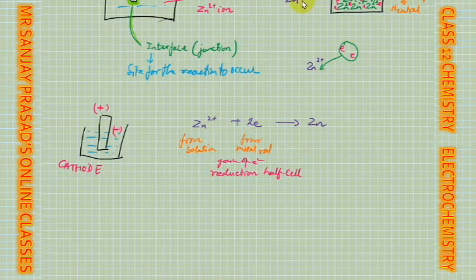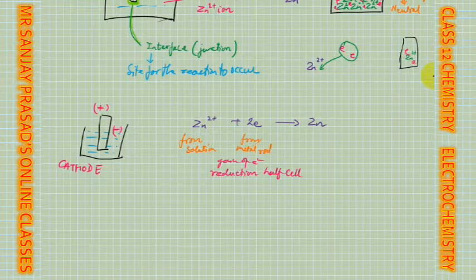The second possibility: on the metal rod, what do you have? You have zinc, isn't it? Zn2+ is there, and this Zn2+ is neutralized because the electrons are there only.